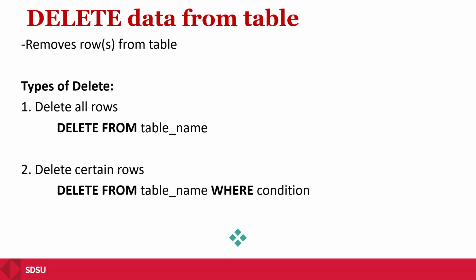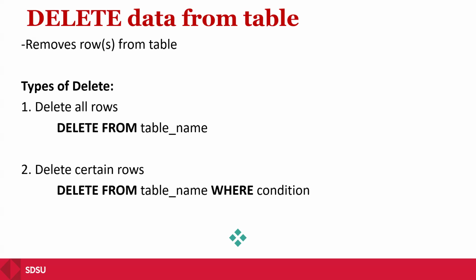You can also delete data from a table. Again, it comes in handy when you need to get rid of certain rows in the table. You can delete everything from a table with delete from, and it's going to just keep your table, but it will have no data. Or you can delete certain rows.